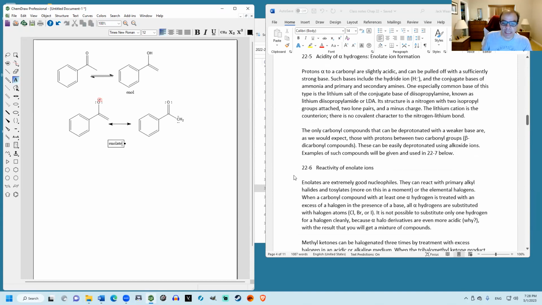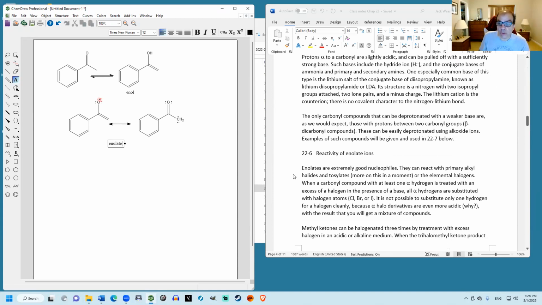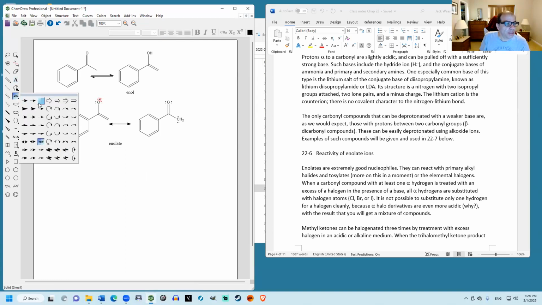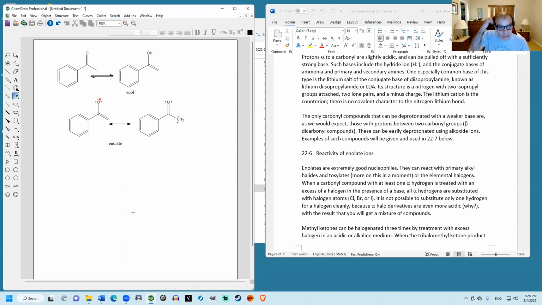Then we talked about enolates and reactivity of enolate ions. We said enolates are really good nucleophiles. They can undergo a reaction with either a halogen or an alkyl halide.